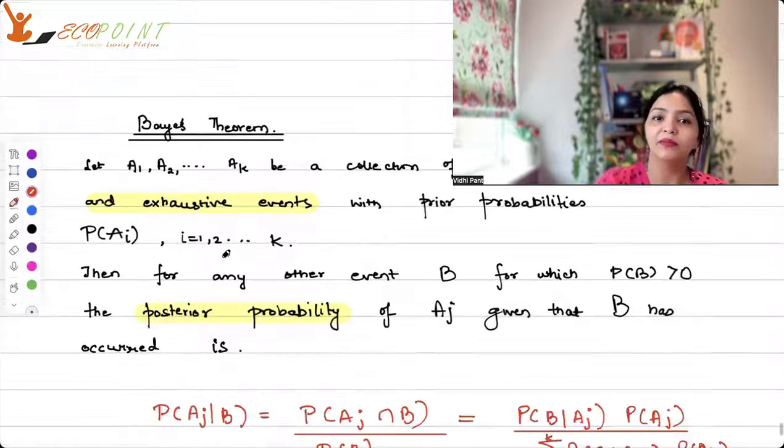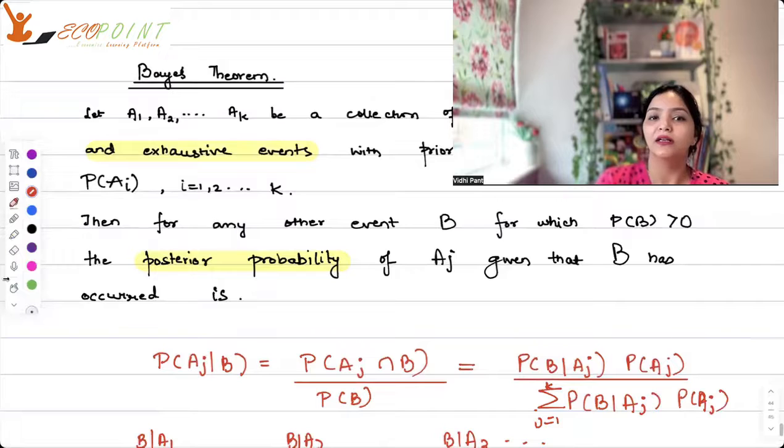So Bayes' theorem is nothing but posterior probability. We are calculating posterior probability in which we will have to use the concept of multiplication rule and total probability.